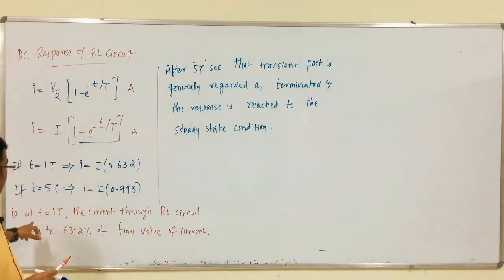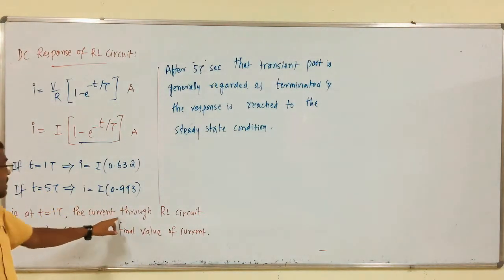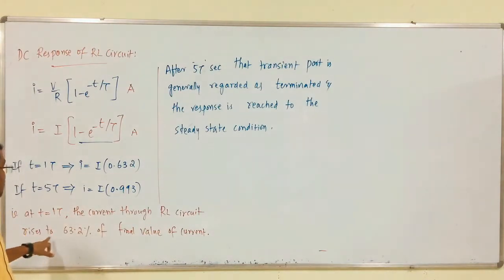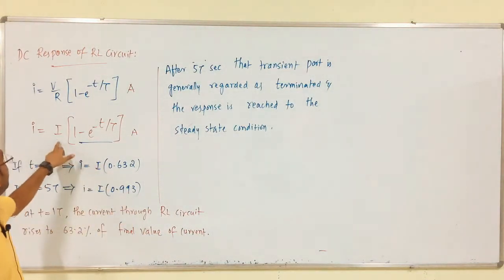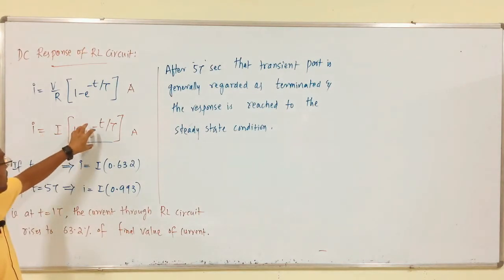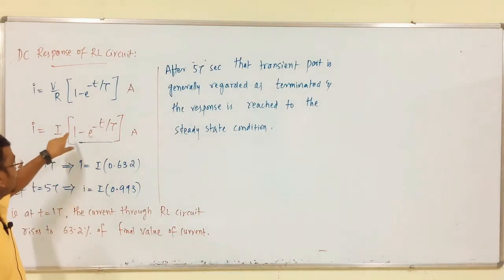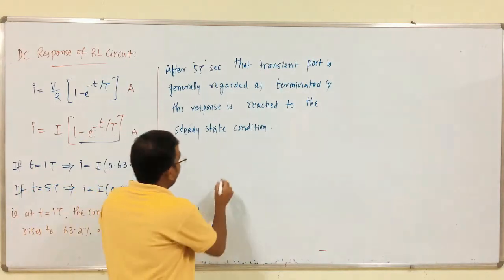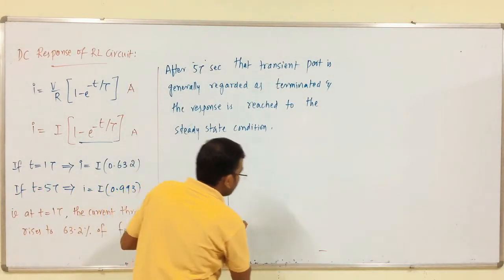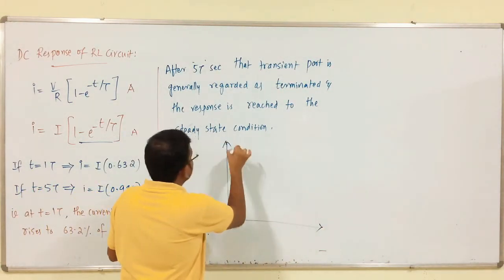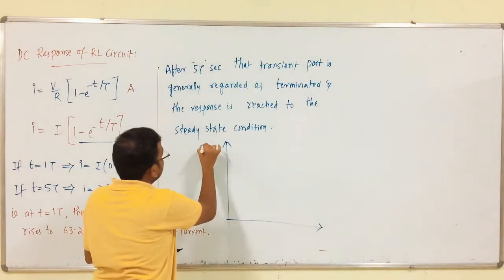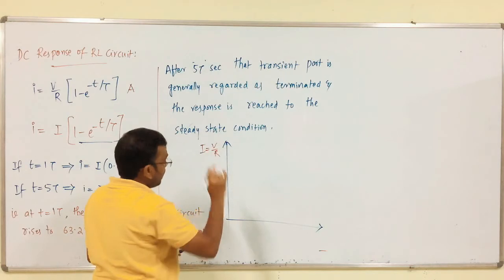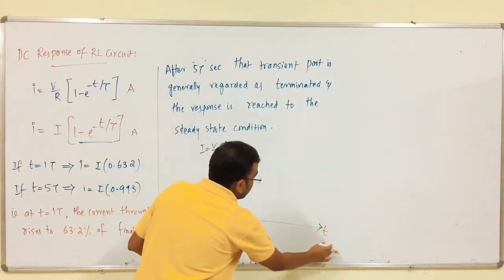That is, at 1 tau, the current through the RL circuit rises to 63.2% of the final value of current. So, I is equal to 63.2% of the current. If we consider the graph, this is current, which is equal to V by R. This is time.